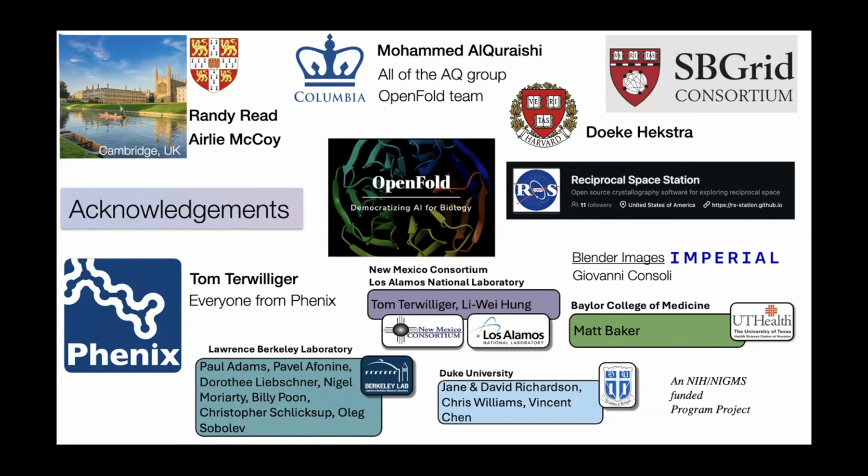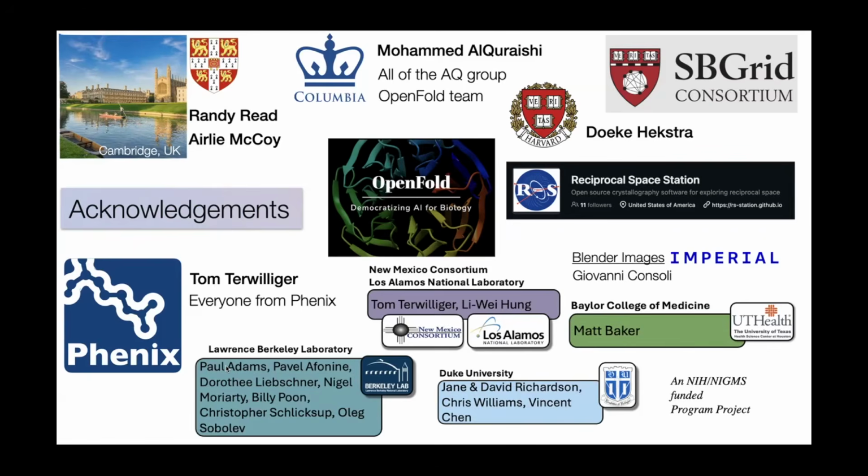Minhwan was with Duke Hextra at Harvard. We've had a lot of support from the Phenix Consortium, the OpenFold Consortium, the reciprocal spaceship developers. And of course, now we're very happy to have Rocket becoming available through SBGrid. These are really important acknowledgements that made the work possible.